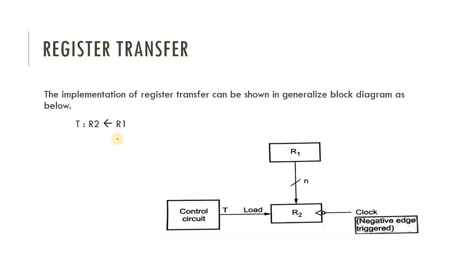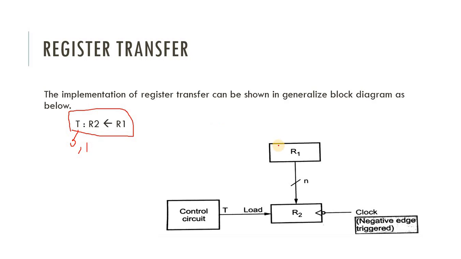So the implementation of register transfer can be shown in a generalized block diagram as below. Suppose there is a question in your exam like: draw the block diagram of the given statement. The statement is here, T means the control function. The value of the control function is a boolean value, which is 0 or 1, and here the statement is R1 replacement operator R2.